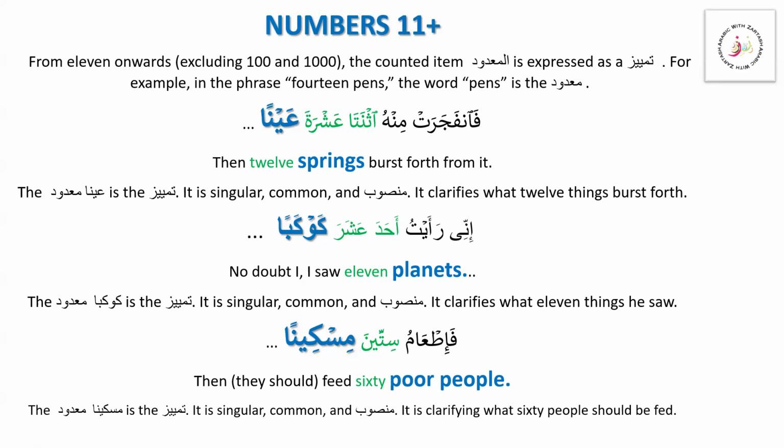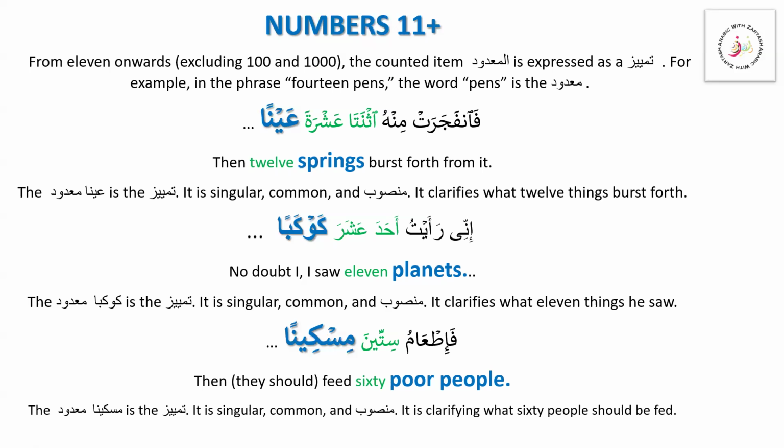The next example is Inni ra'aytu ahada ashara kawkaban. So again, other than the madud, we have ahada ashara, 11. And what is the madud here? Planets. Planets, again, is common, singular, and mansoob. It will be considered as a tamyiz. So here we see this madud kawkaban is a tamyiz.